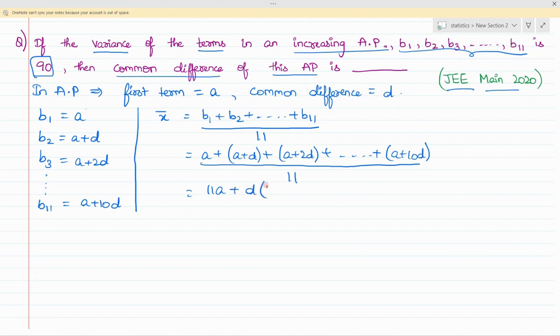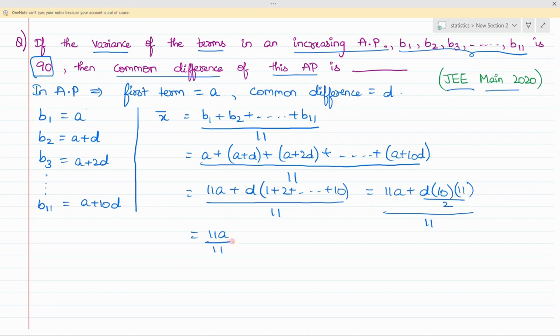Then take D common, it starts from 1, 2, so on till 10, upon again 11. 11A plus D into, this is sum of 10 natural numbers, that is n into n plus 1 by 2. N is 10 over here, n plus 1 is 11 upon 2 and upon 11. So it becomes 11A upon 11 plus this 2 gets cancelled with 5 times, 5D into 11 upon 11. So this can be written as A plus 5D. This is the required mean we got.